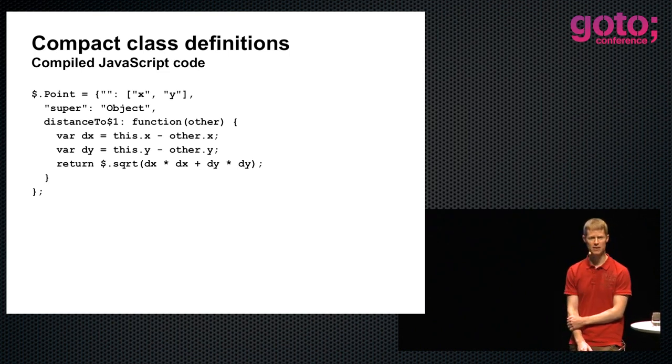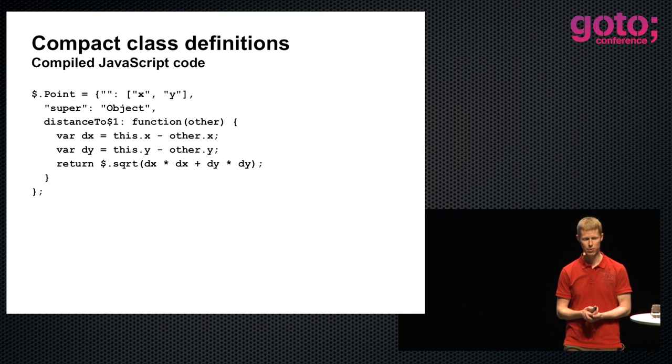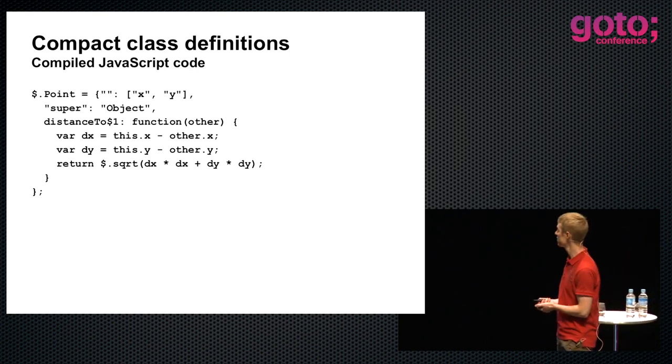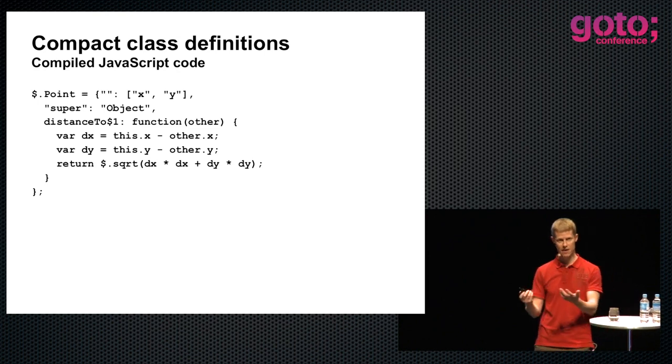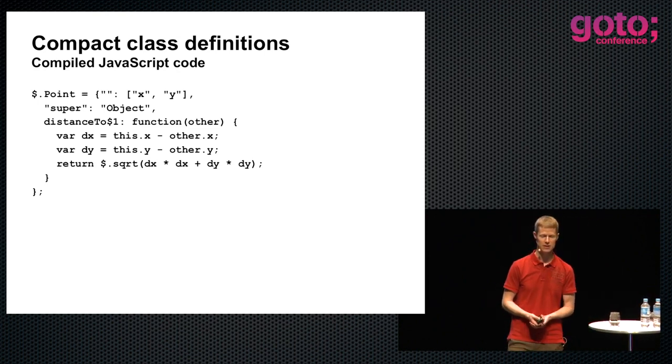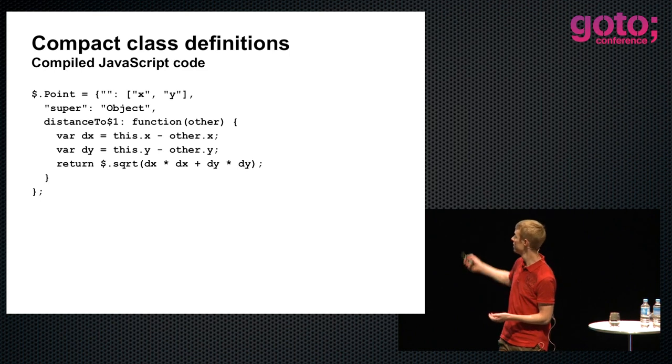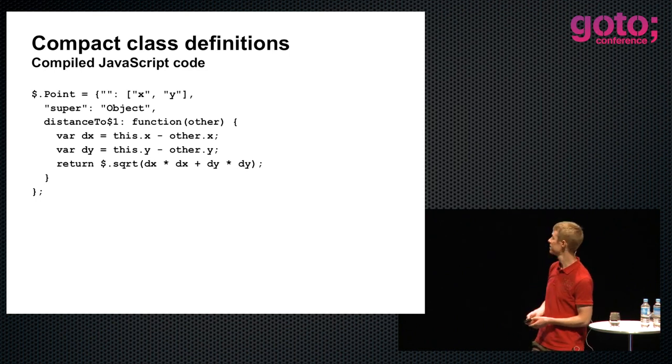Nowhere here do we have to write the actual constructor function for the point, because that is computed at runtime from this list of field definitions and the superclass definition, which is object. The methods, however, are just put in here like ordinary properties on this object.